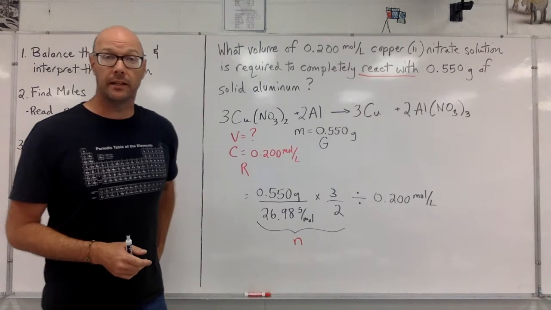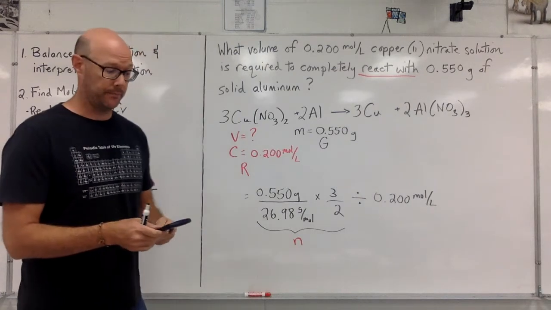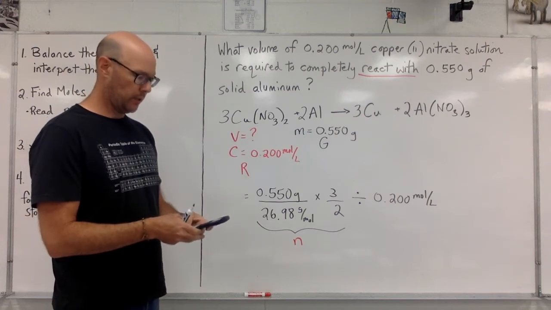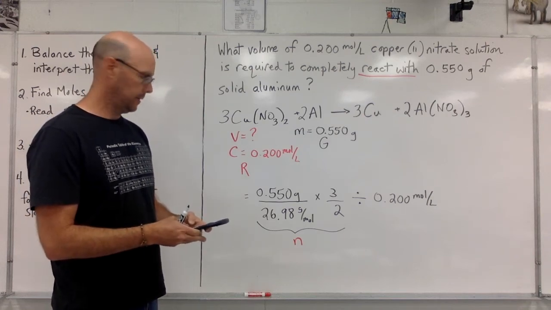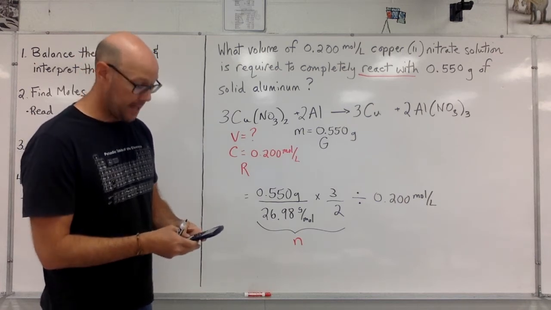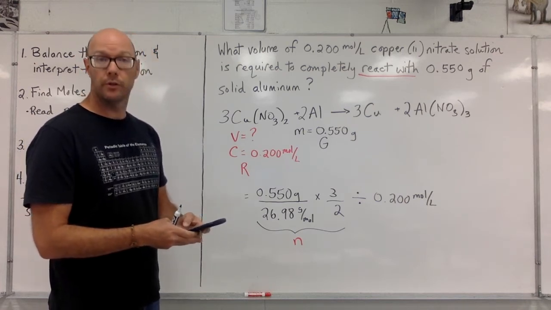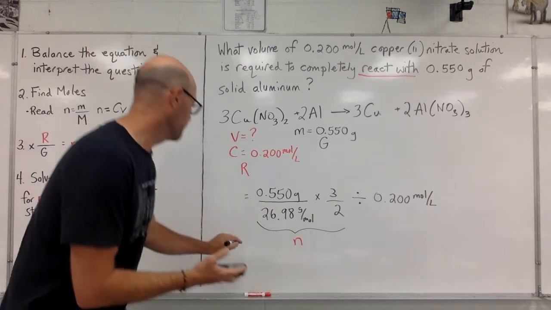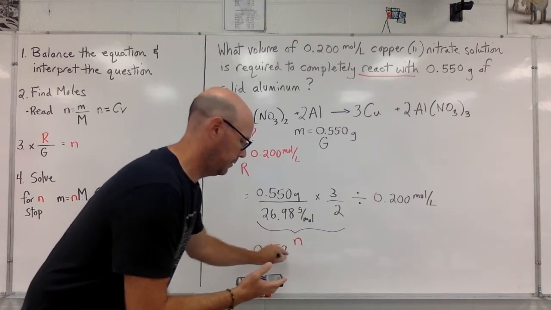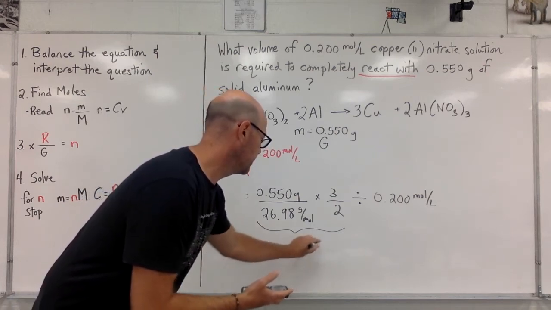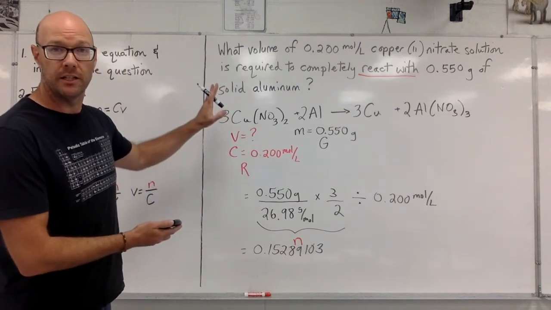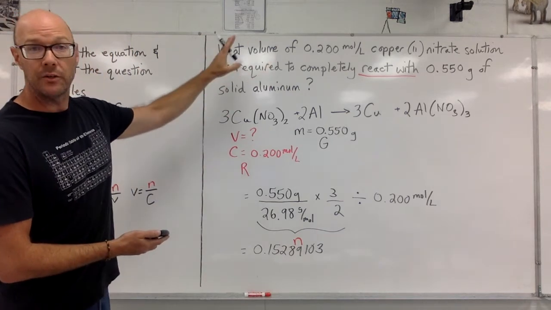Now that we have the calculation set up, we can get to pushing buttons. 0.550 divided by 26.98 times 3 over 2 divided by 0.200. That equals 0.15289103.